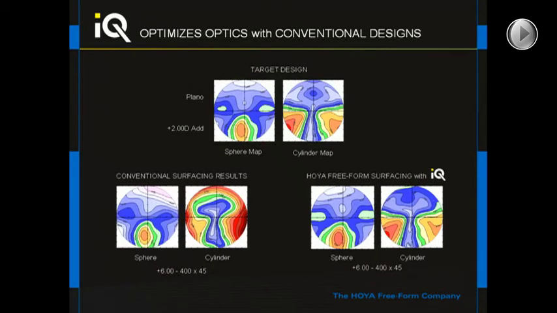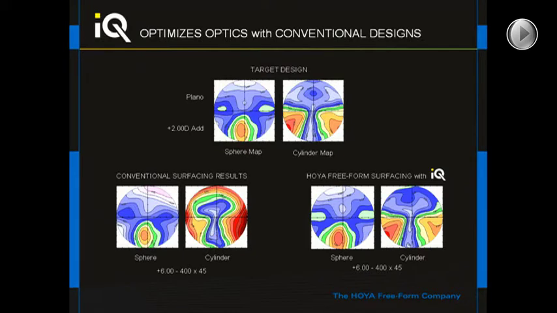When we talk about the IQ series of lenses, the easiest way to define it is simply the optimization of the optics in conjunction with conventional designs. This illustration will help me clarify what that means. Every progressive lens starts off with a target design, and the target design is pictured on the top that shows you this was what the designer had intended for the design to look like when you do surface mapping or contour plots.